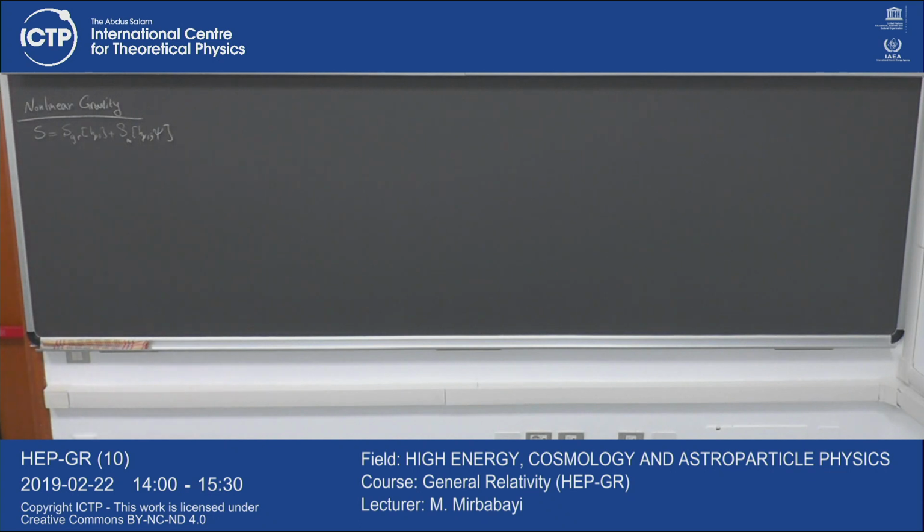And then we started discussing what are the rules to construct this matter action. So first we focus on matter field. So so far we discussed two of the rules.